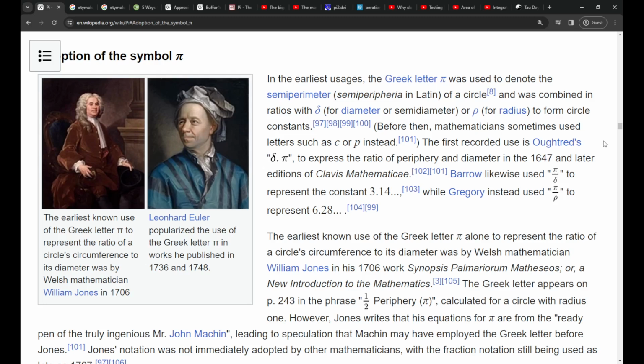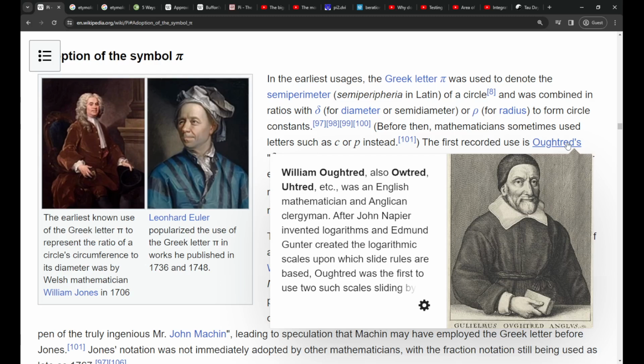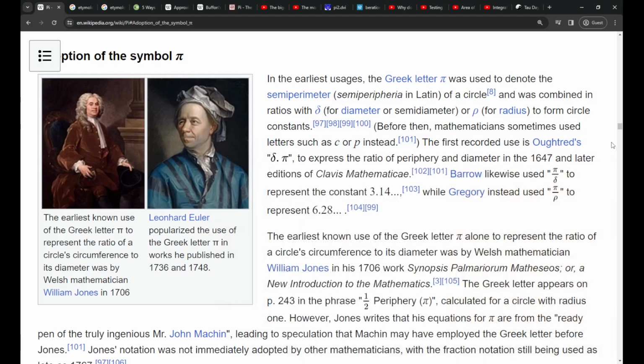The first recorded use is Oughtred's delta point pi to express the ratio of periphery and diameter in the 1647 and later editions of Clavis Mathematicae. Who is Oughtred? William Oughtred was an English mathematician and Anglican clergyman. After John Napier invented logarithms and Edmund Gunter created the logarithmic scales upon which slide rules are based, Oughtred was the first to use two such sliding scales, etc.